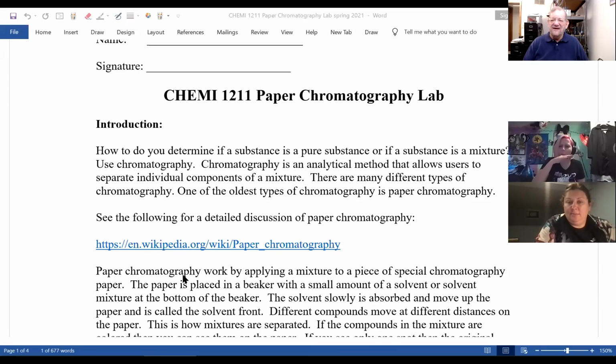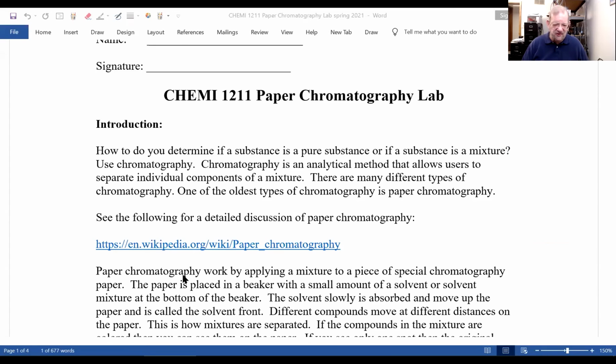Now, what this shows you right here, you have a solvent, your eluting solvent, and the liquid goes up the paper. And when it goes up the paper, due to different intermolecular forces, inter meaning how the molecules interact with the solvent molecules, different compounds will travel up the paper at different rates.